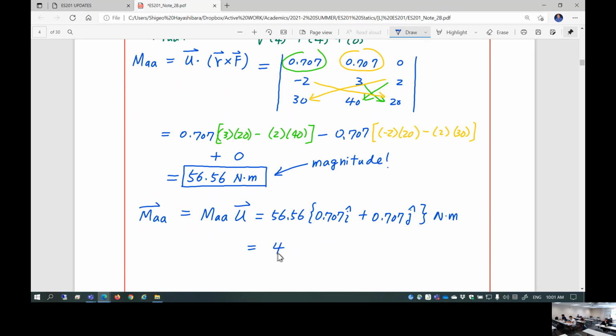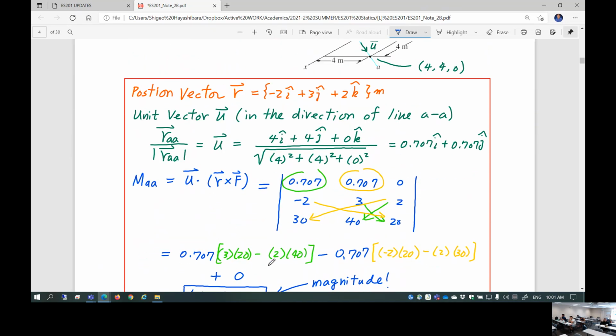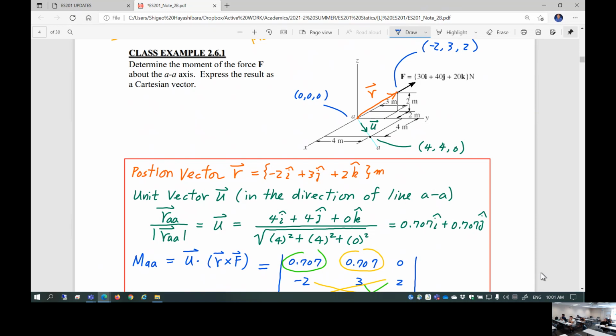Result is 40i plus 40j, Newton meter. This is your conclusion. So make sure when you do your quiz, homework, and exam, box your answer. That means this is my conclusion. I can easily pick it up. Any question about this?